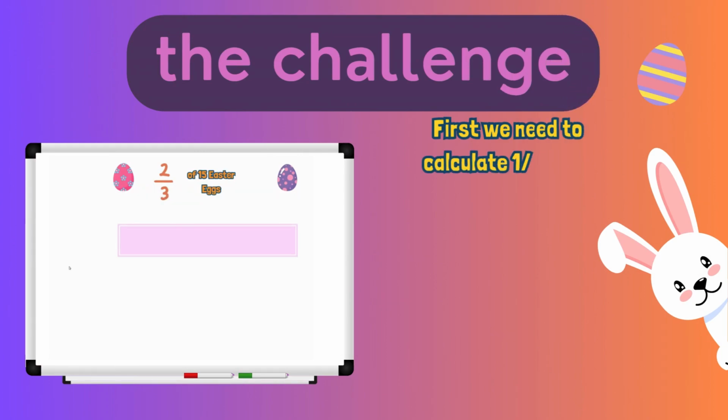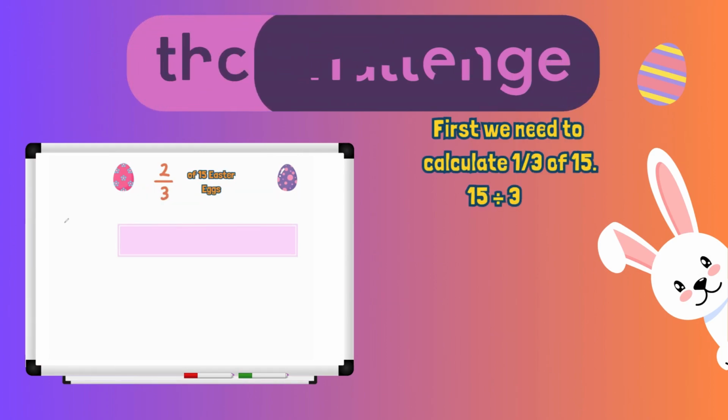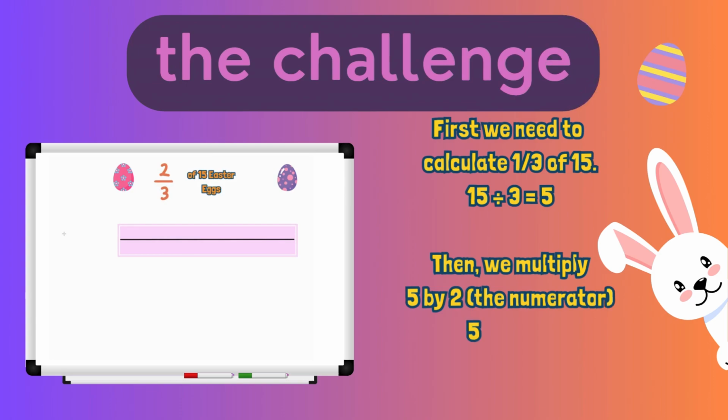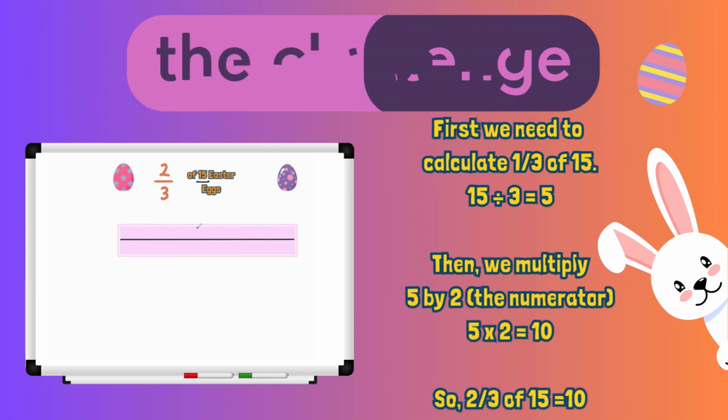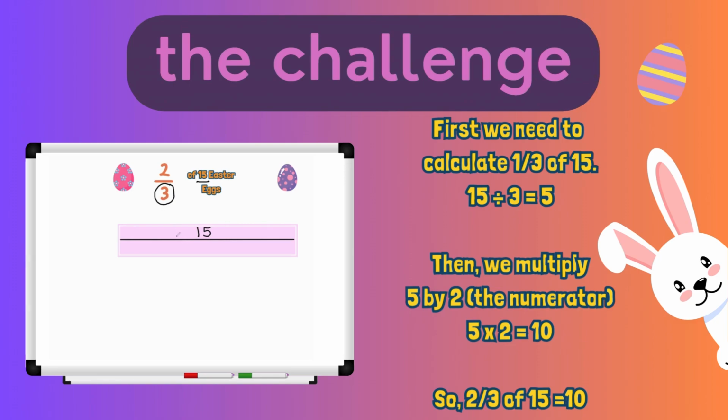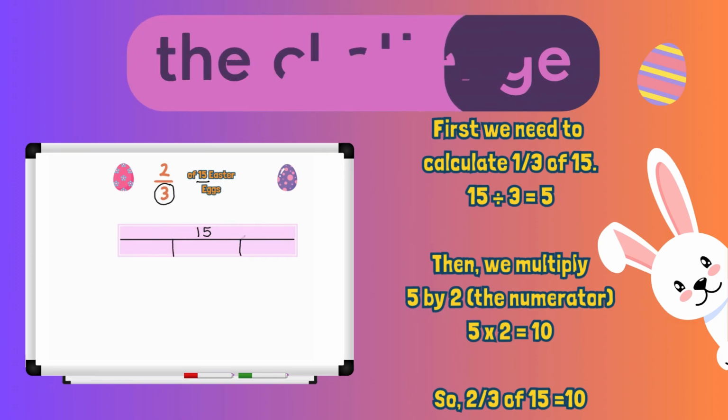I'm going to start by filling in the information that I already know. So I'm going to pop my line across here like that, and then start filling in my information. So I know that I've got 15 Easter eggs in total. And according to my denominator, I need to share that into 3 equal parts.